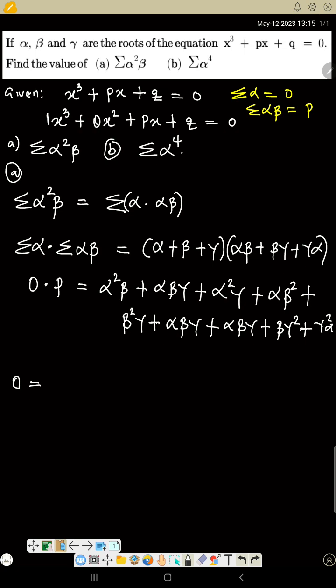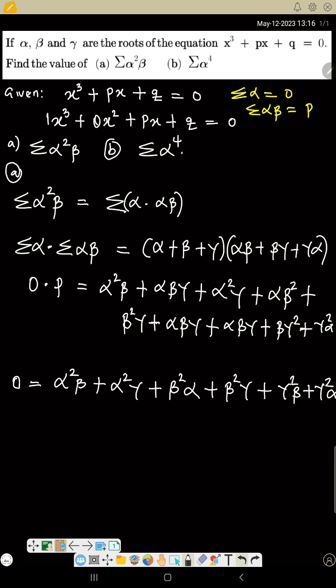Everything else here is alpha square beta plus alpha square gamma, plus beta square alpha, plus beta square gamma, plus gamma square beta, plus gamma square alpha, then plus 3 alpha beta gamma.